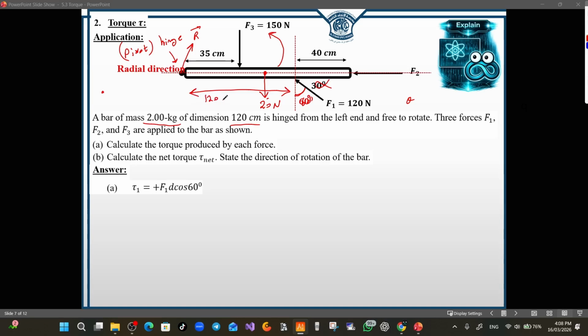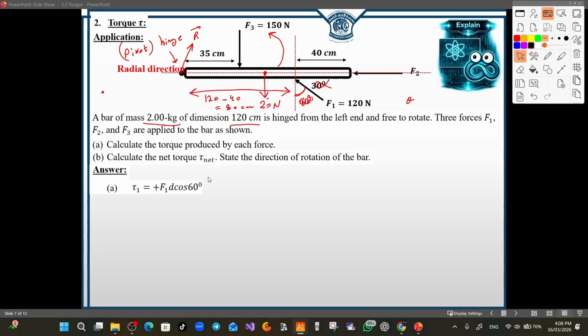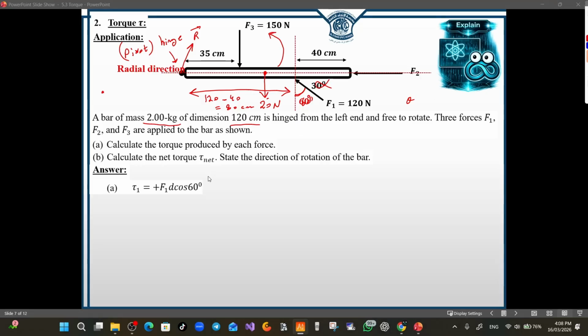So 120 minus 40, and the answer is 80 centimeters. After we convert 80 centimeters into meters, by dividing by 100, the distance will be 0.8. Now, F1 is 120 multiplied by the distance, 0.8 meter, multiplied by cosine 60, which is 0.5, and the answer would be 48 Newton meters.